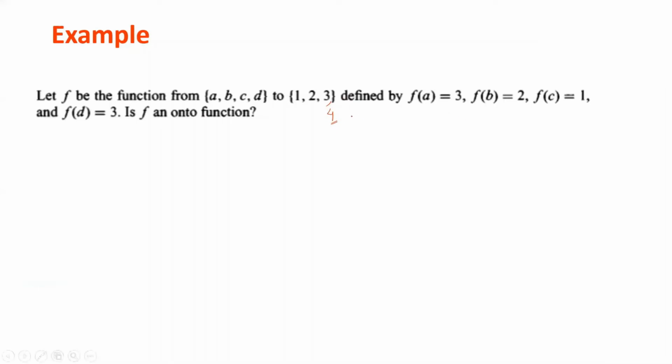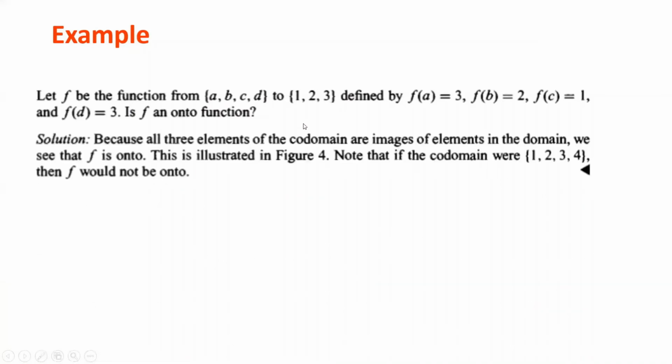Otherwise, in the given case where the codomain is 1, 2, 3 only, it is onto. So this is the solution. As all three elements of the codomain are the images of elements in the domain, we can say that f is onto.